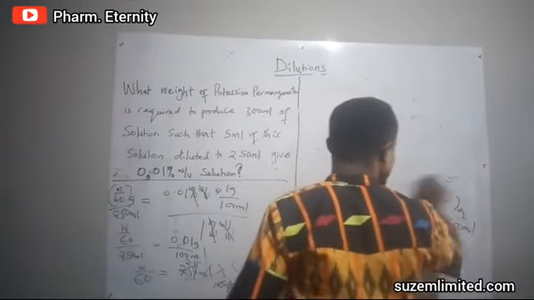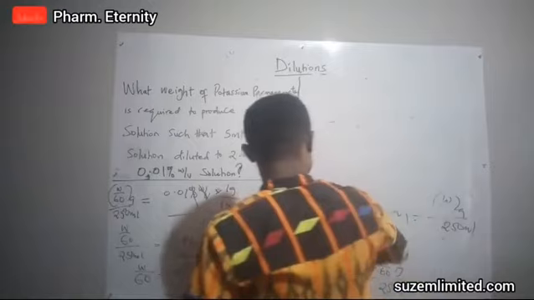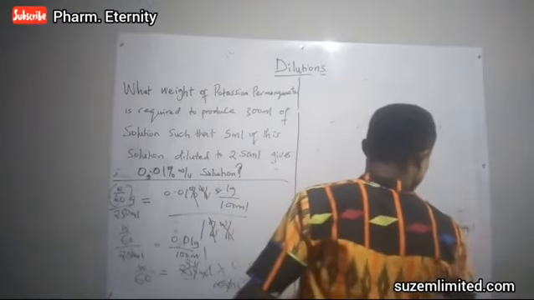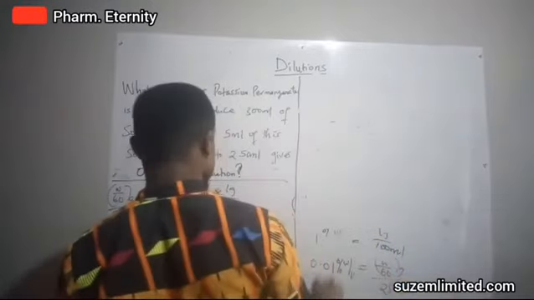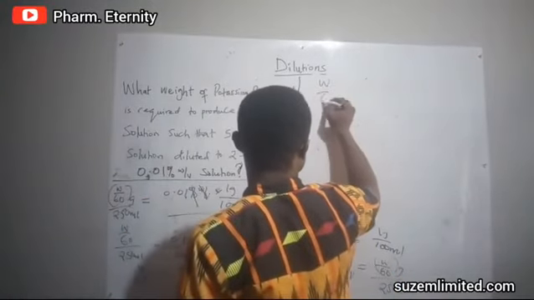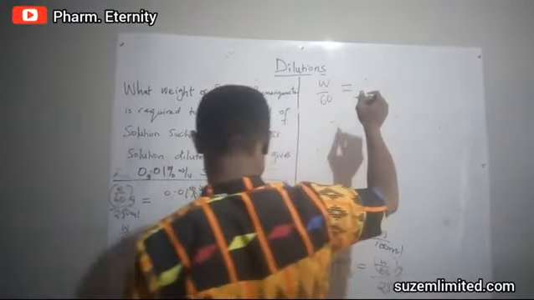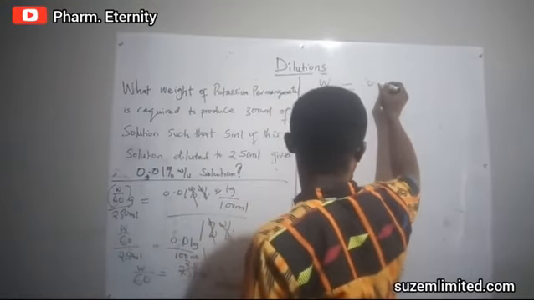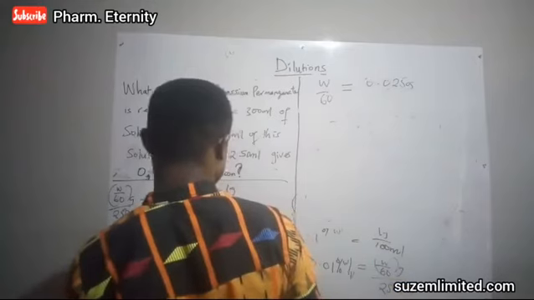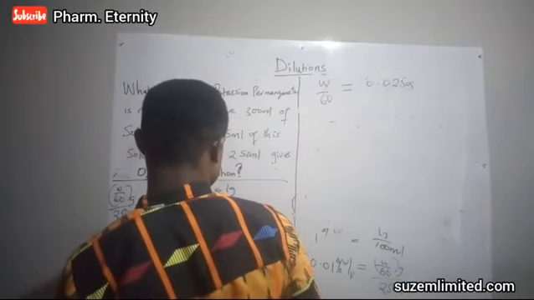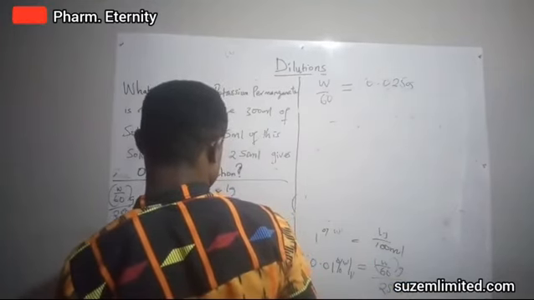So at this point, W over 60 is now 0.025 gram.